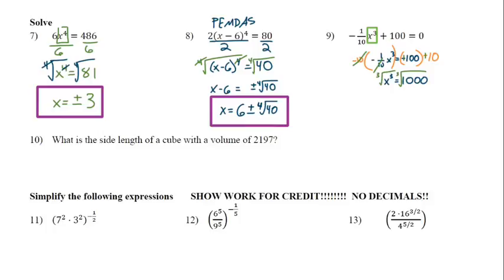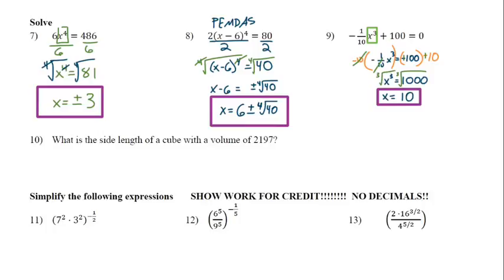So we get x equals, the cube root of 1,000 is 10. And remember, if it's an odd root, you only get one answer. Now there are 3 tens in that answer. Remember, that is a triple root, but there's only one x-intercept. There's just 3 of the same thing.